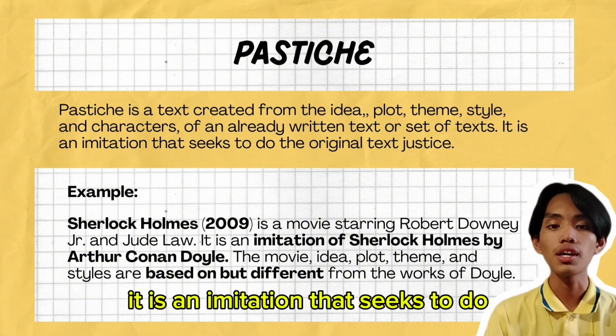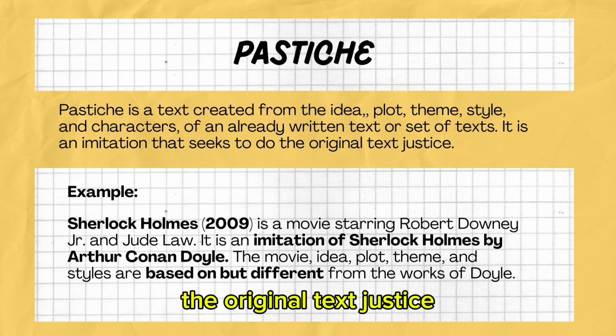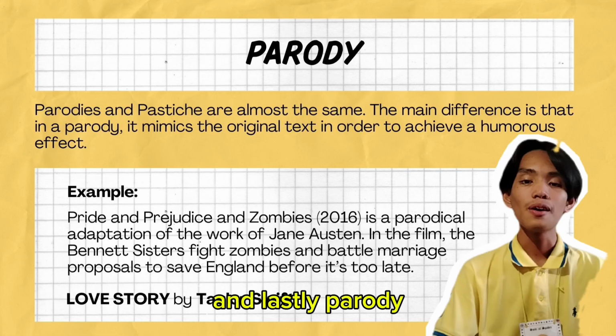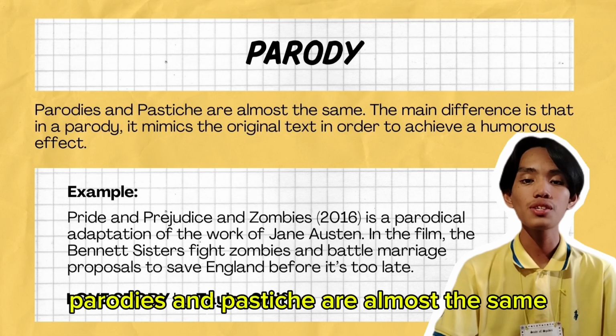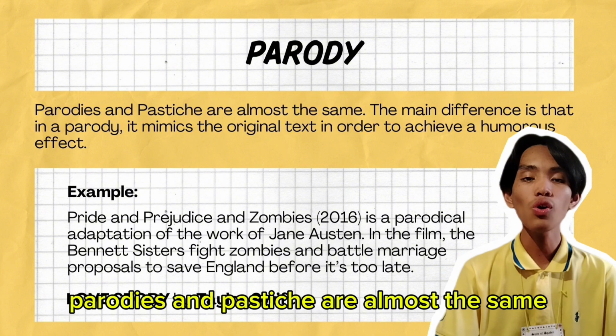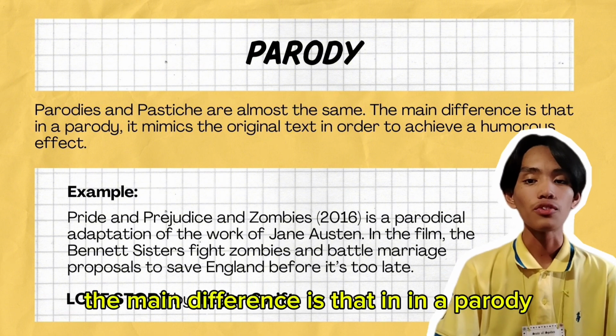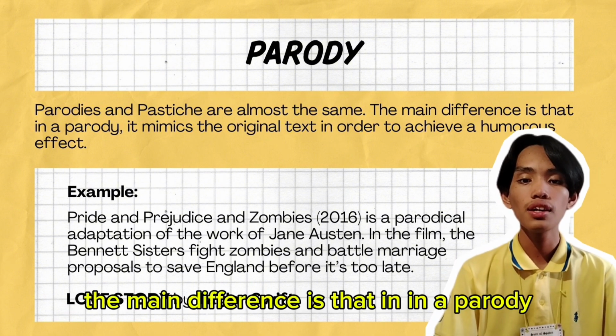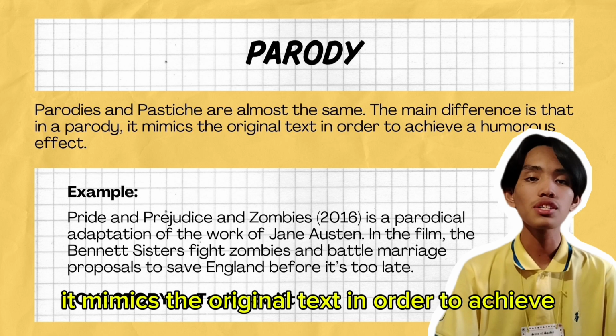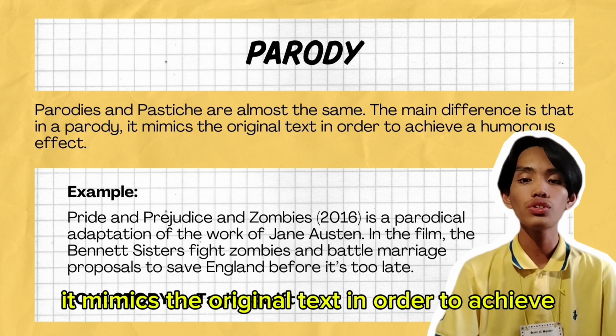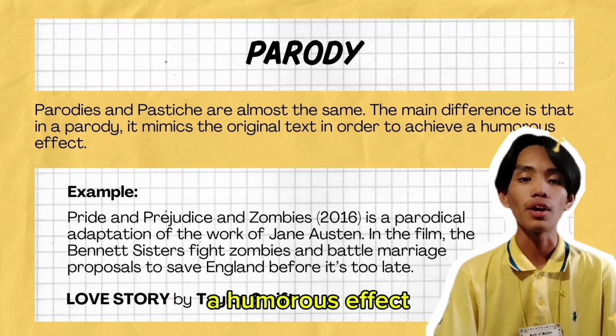It is an imitation that seeks to do the original text justice. And lastly, parody. Parody and pastiche are almost the same. The main difference is that in a parody, it mimics the original text in order to achieve a humorous effect.